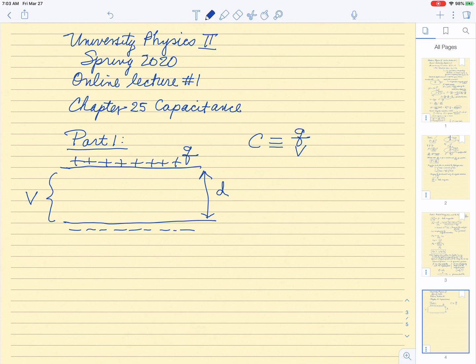That's a definition. You'll remember that the units are farads. It's been so long since we've been together that I feel we need a couple minutes of review.